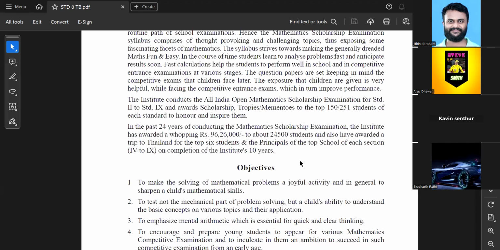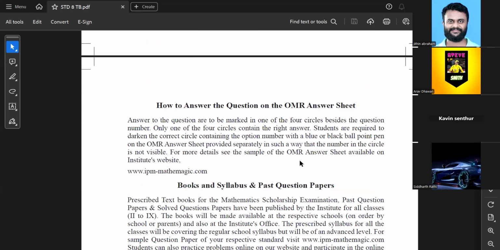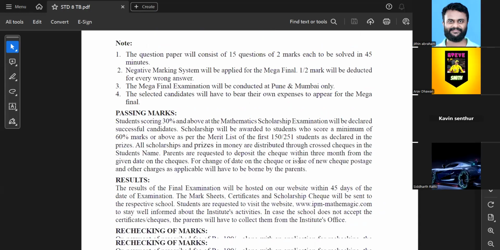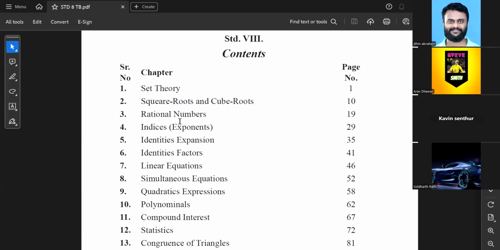Today we'll be dealing with a new chapter basically. That chapter's name is indices. In the previous class, we had completed the previous chapter, rational numbers.